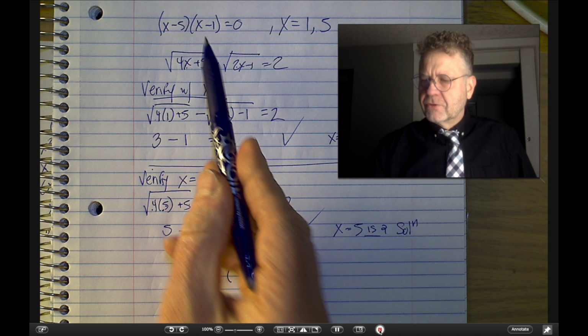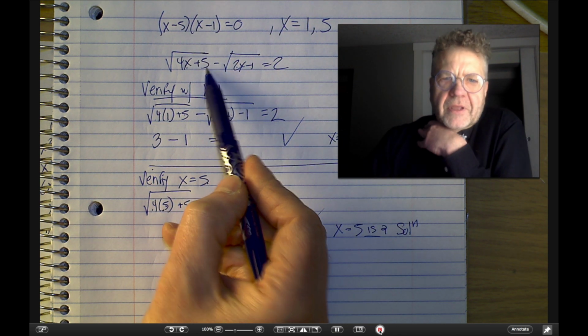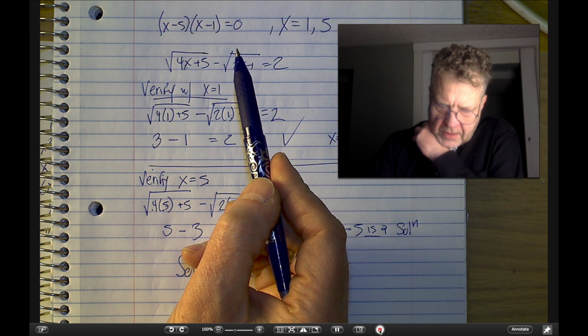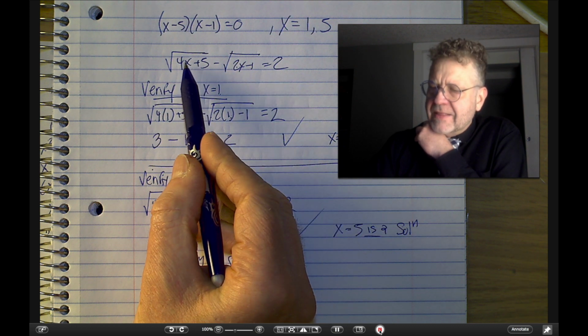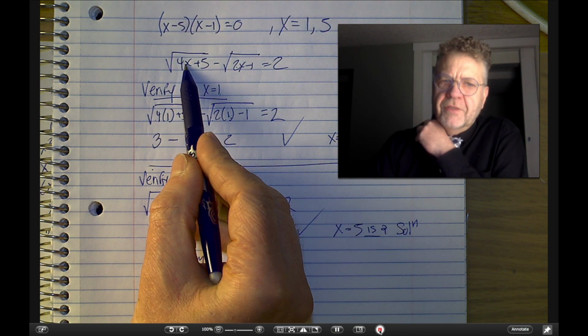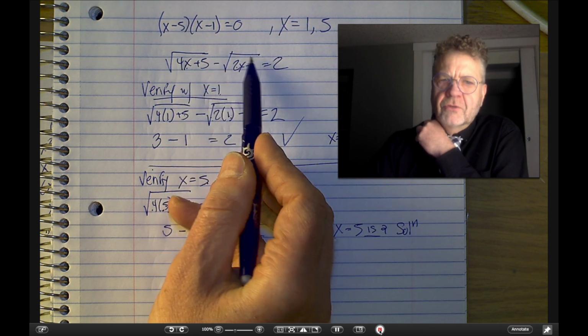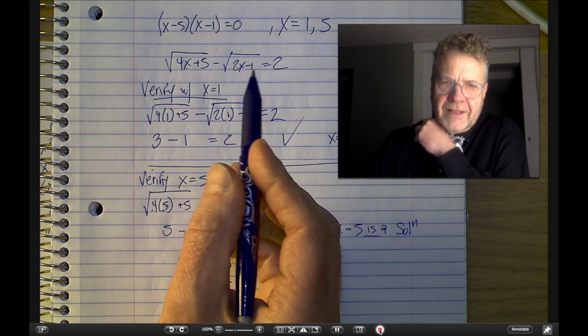Let's look back at the original equation. Got to worry about restrictions, all right? So are there going to be restrictions? Yeah, but in this case, the variables are under both radical signs. In other words, there's an x that is part of two different radicands.